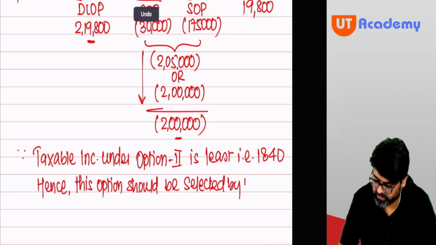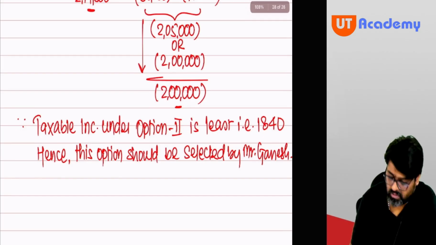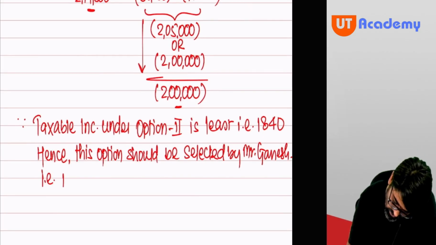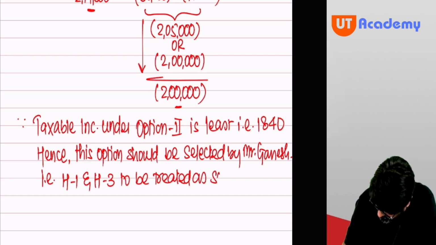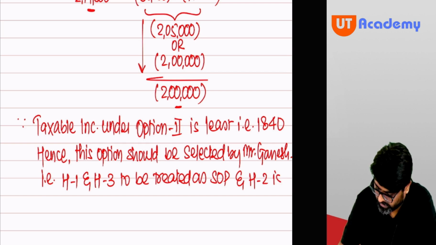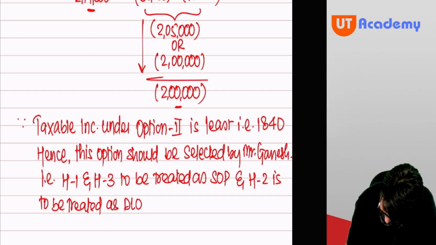By Mr. Ganesh. Yes or no? Name of the associate is Ganesh only, no? That is H1 and H3 to be treated as SOP, and H2 is to be treated as what? DLO.